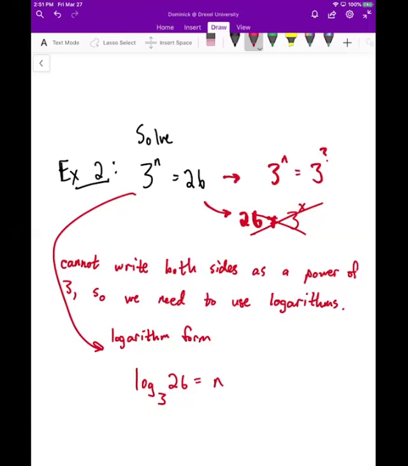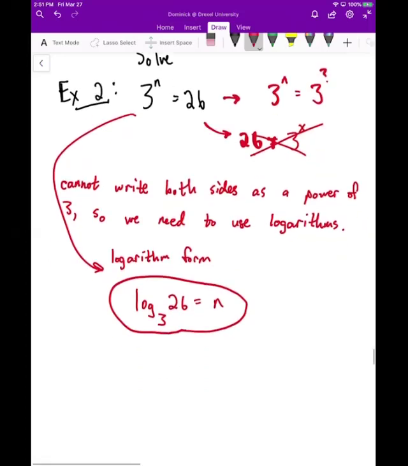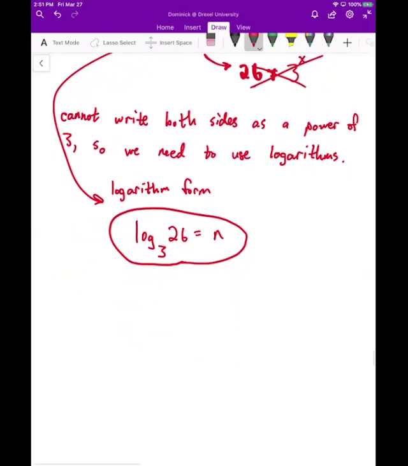All right, so as long as we can figure out how to find log base 3 of 26, then we're in good shape. Now, one thing that's not mentioned in this section of the textbook that we're going to need, that I'm going to mention now, but we also are going to talk about a little bit in a future video, is what's called the change of base formula.